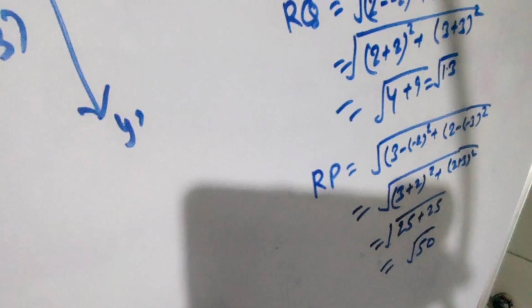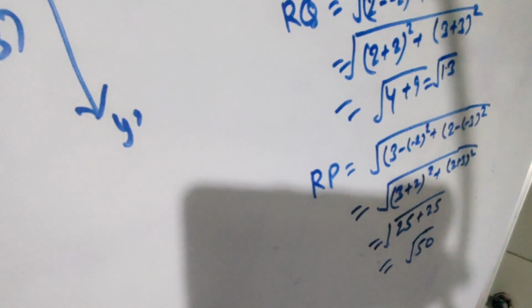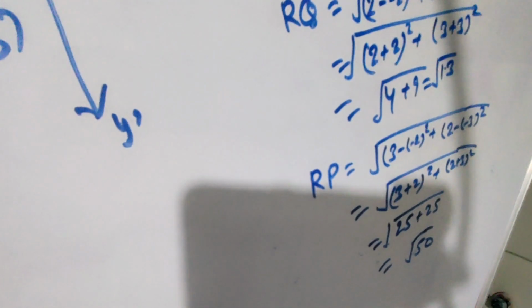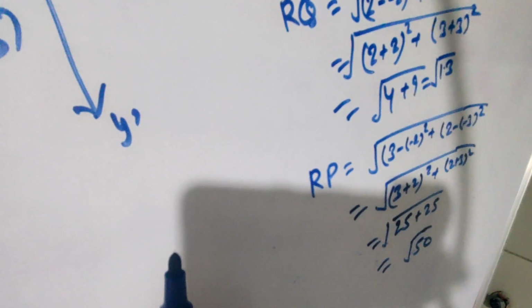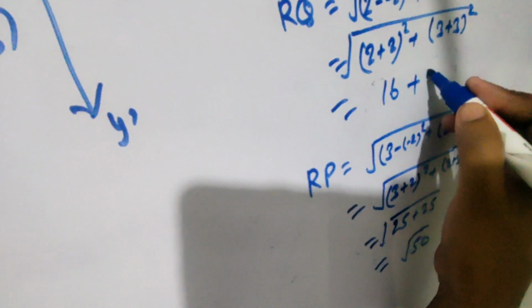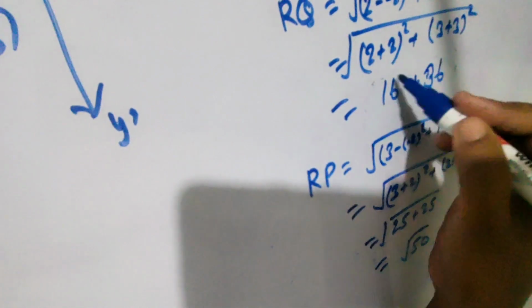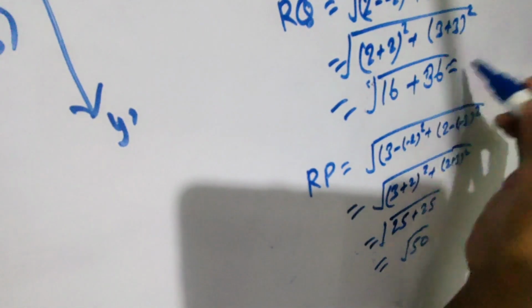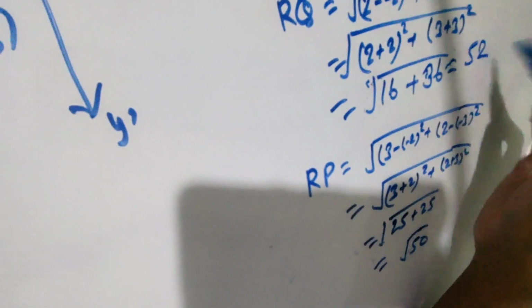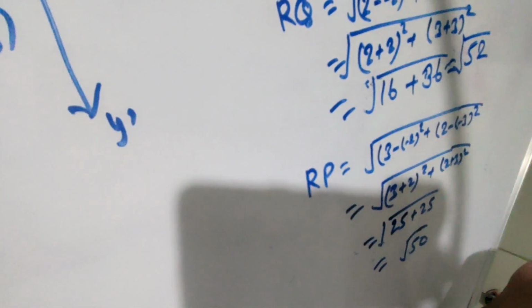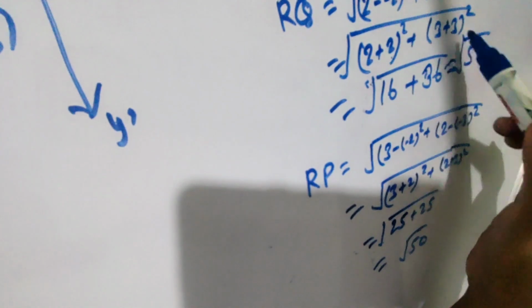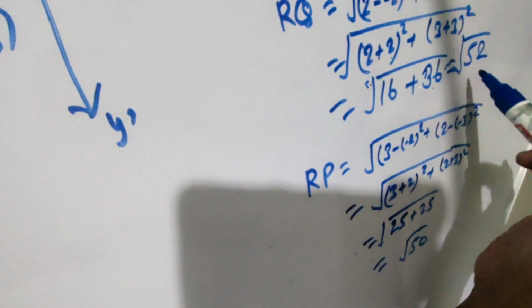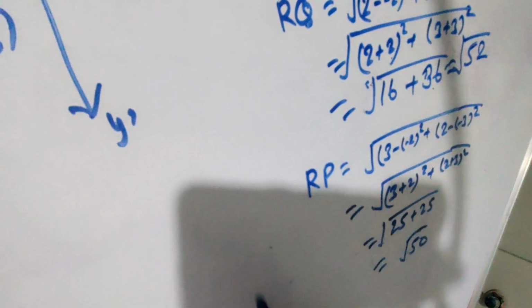Then negative 2 minus 2 is 4, 4 square is 16, and 3 plus 3 is 6, 6 square is 36, so the total is 52, square root of 52.